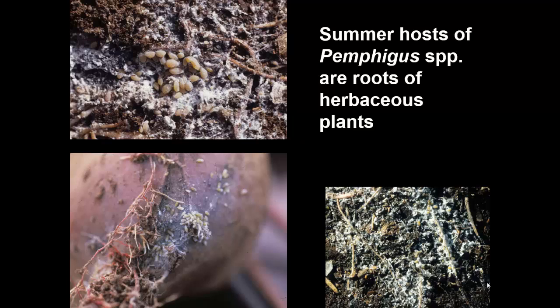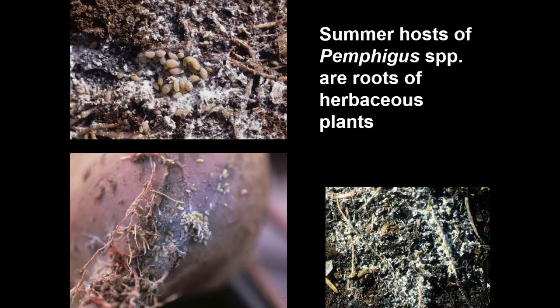All of these leave that populus species, and all of them move to some other plant in the summer, and most of them, at least the ones that are well known, are going to be feeding on roots. So the stage of the insect that you see making a gall on the stem or on the petiole or on the leaf of a cottonwood in the spring, in the summer, where you try to find that same insect, it's on the roots of some herbaceous plant.